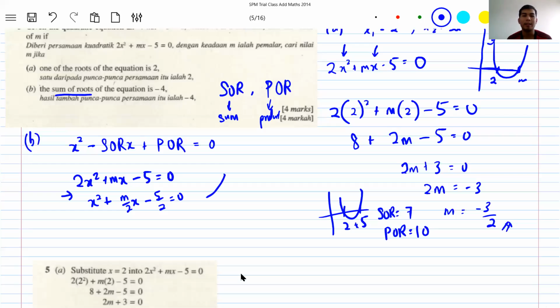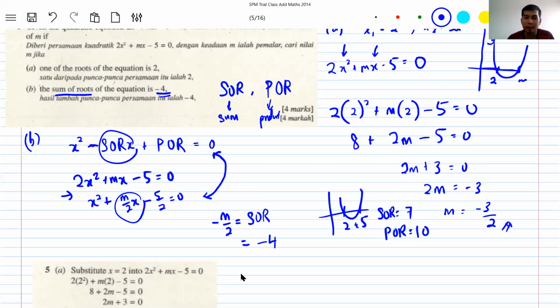And right now, as you can see, this mirrors the form. Now it's how you have to compare. You can see that m over 2, or actually more appropriately minus m over 2, because it has to be a minus SOR, is equal to the sum of roots. So you can write that down: minus m over 2 is equal to the sum of roots. And what is the sum of roots? It is given that it is minus 4.